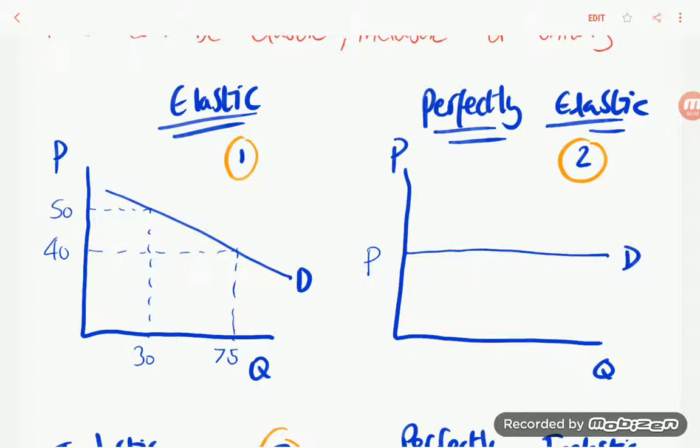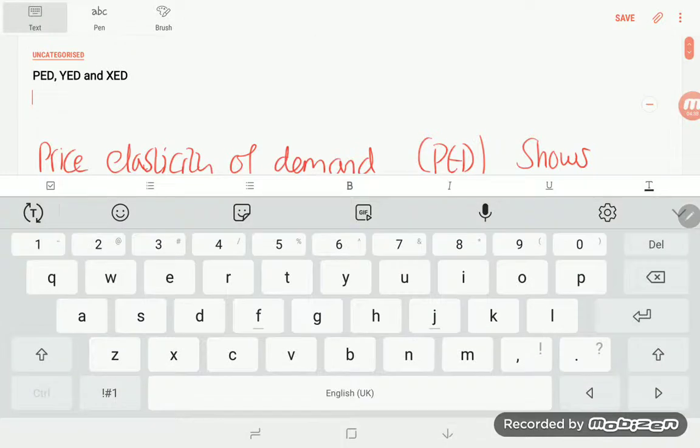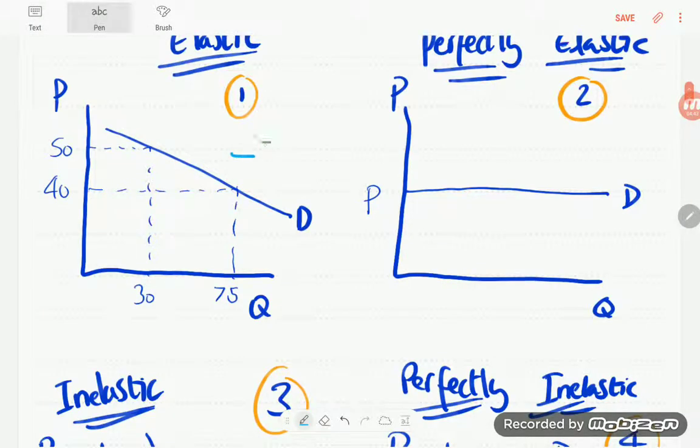So we know that in simple terms, this would come out as 7.5. But remember, we ignore the minus. So it's 7.5, meaning that for every 1% change in price, there will be a 7.5% change in the quantity demanded.